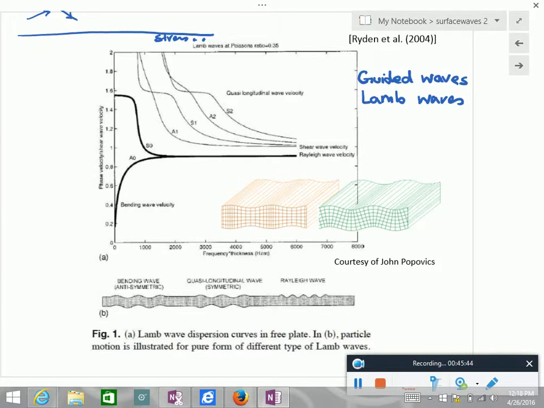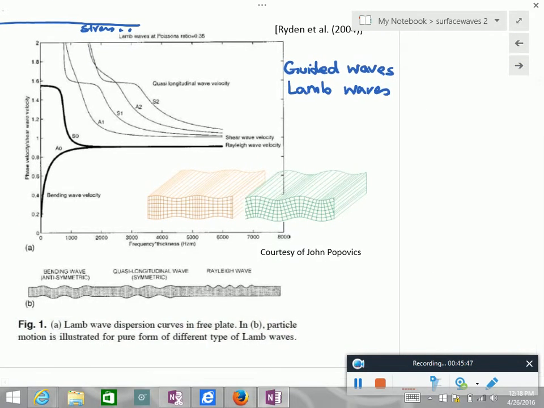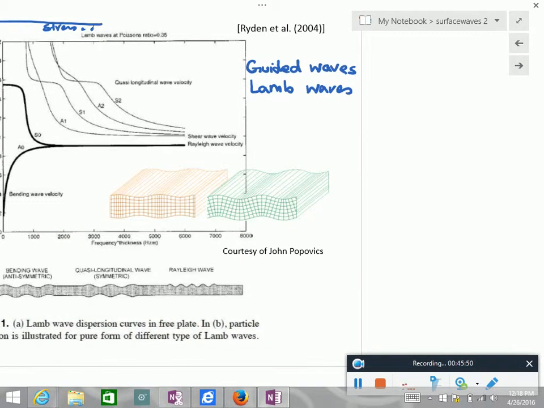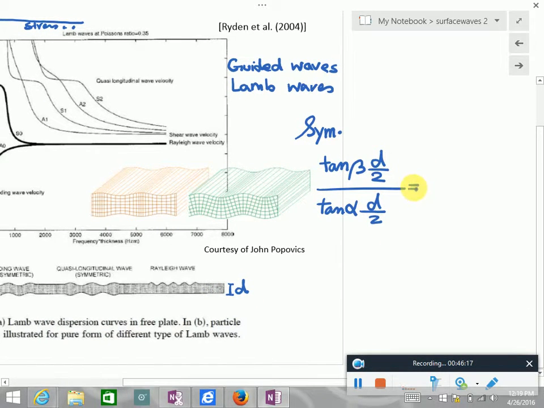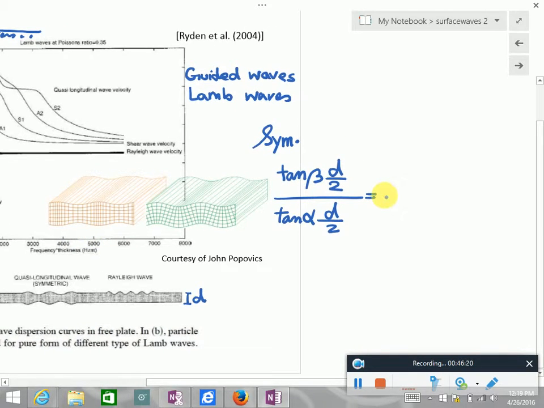If you just use the equation of motion and you impose that the stress on the top and bottom should be 0, you get two very famous equations. D is the thickness of the plate. K is the wave number.